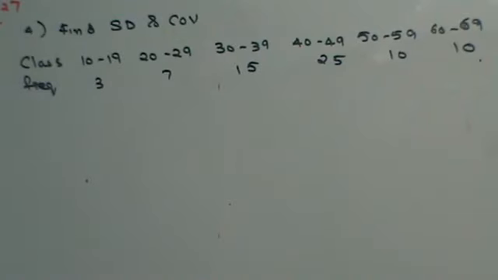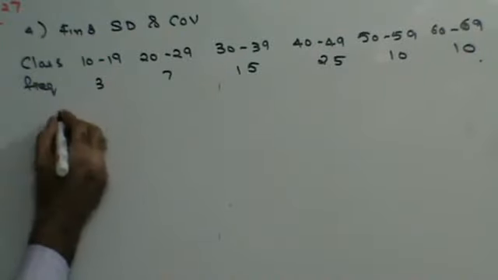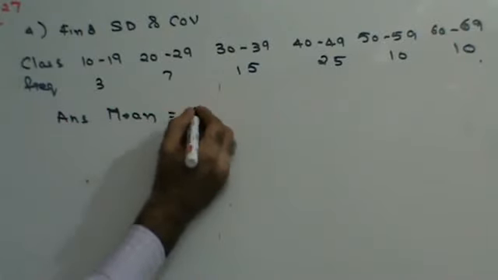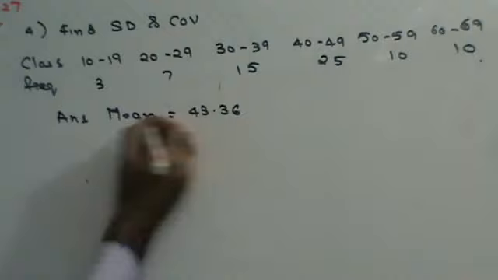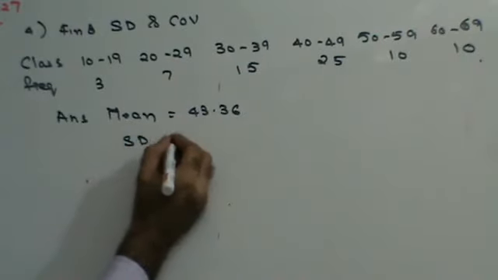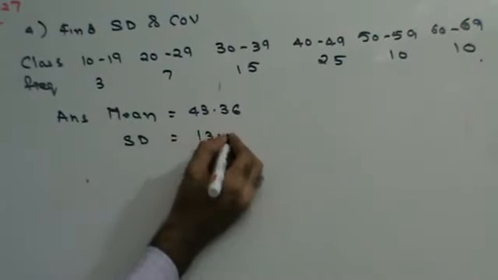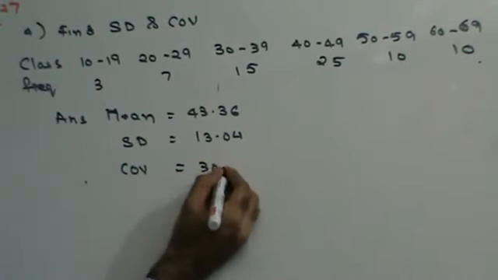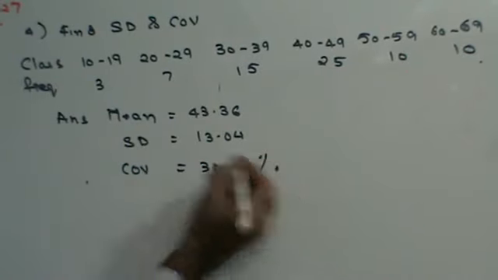Do we understand this? Now, the answer for this should be mean is going to be 43.36. Standard deviation should be 13.04. And coefficient of variation should be 30.08%.